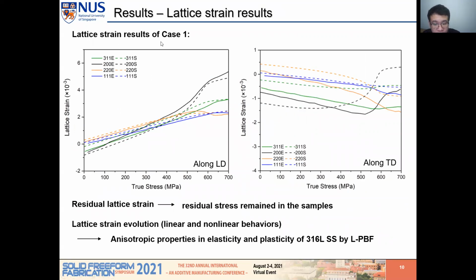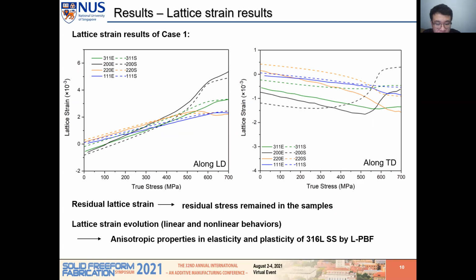Then we get the lattice strain results. First look at case 1. The dashed lines are simulated results and solid lines are experimental. Different colors represent different grain families. First point to check is the residual lattice strain at 0 applied stress, which reveals the residual stress remaining in the samples.